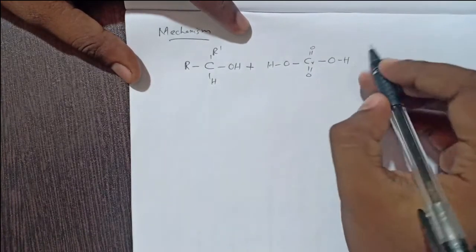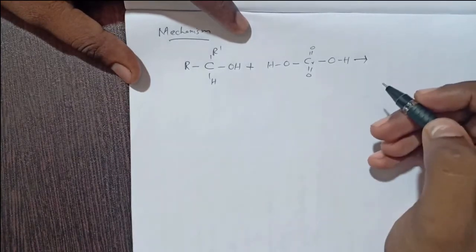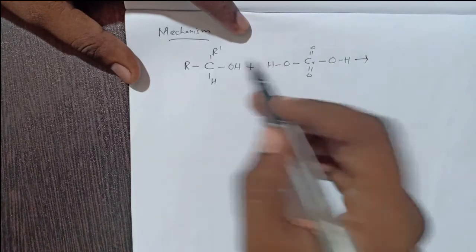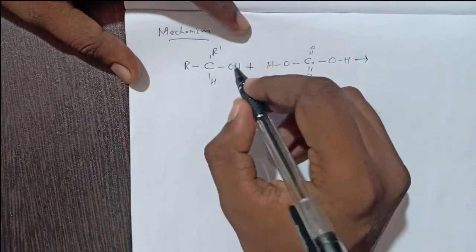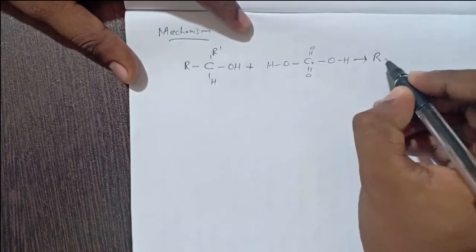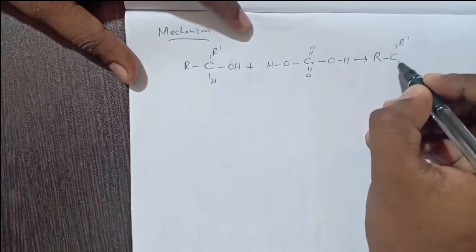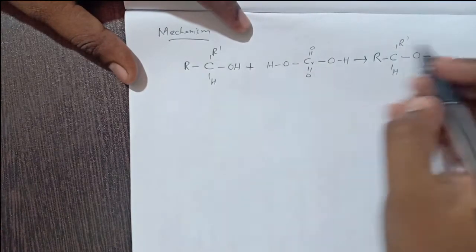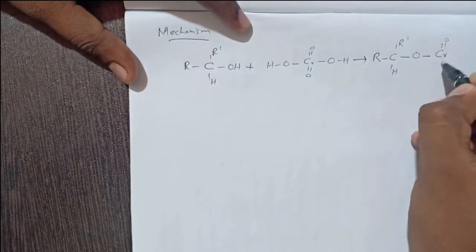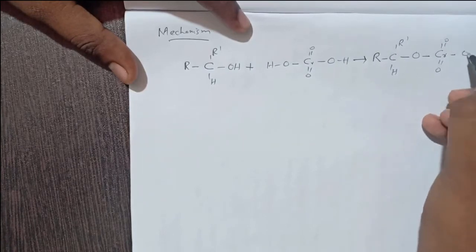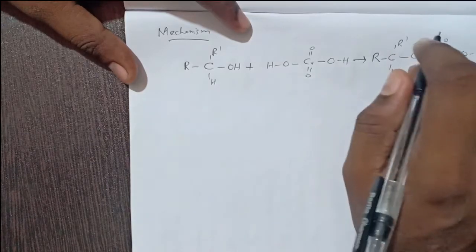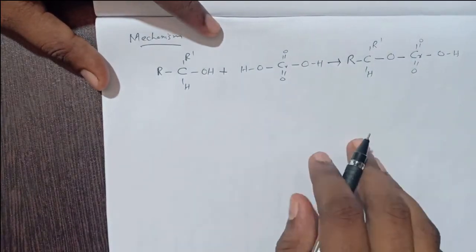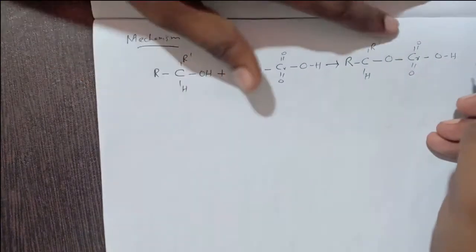In the first step, a water molecule is eliminated and forms a chromate ester, like this: C H O Cr, double bond O, double bond O, OH. This compound is formed here, plus H2O.